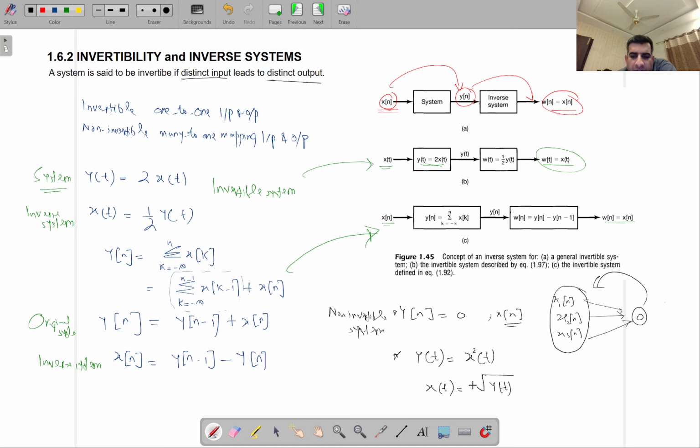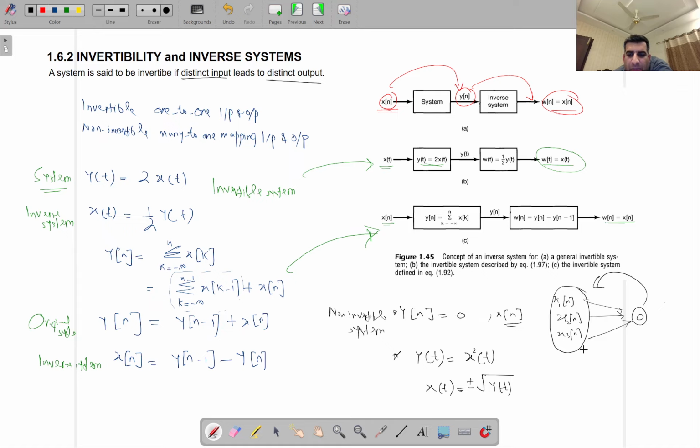But here is a glitch. There is going to be a sign of plus minus 1. So again we are not sure whether it's going to be plus the root of y of t or minus the root of y of t. So this is the problem which we are now encountering.